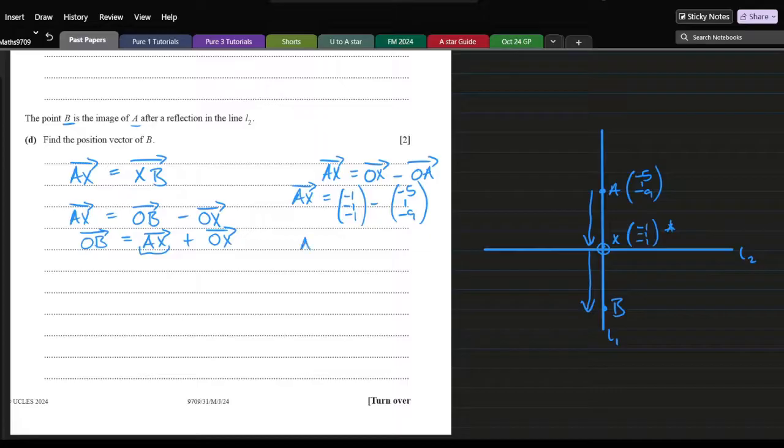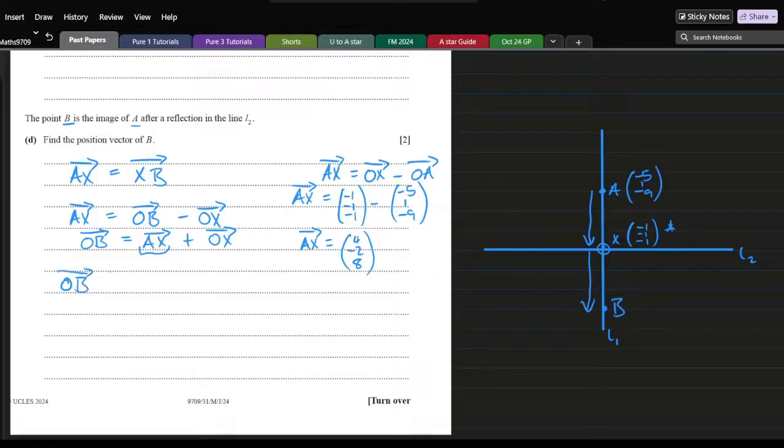So that means AX here is negative 1, minus negative 5, so that's 5 minus 1, which is 4. Then we've got negative 1 minus 1, which is negative 2. Then we've got negative 1 minus negative 9, so 9 minus 1, that gives us an 8. So this is AX. Now that we have both AX and OX, we can find what OB is.